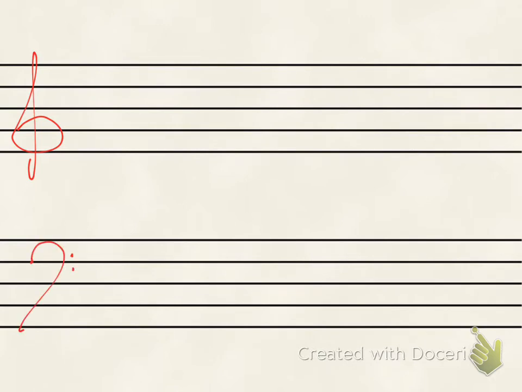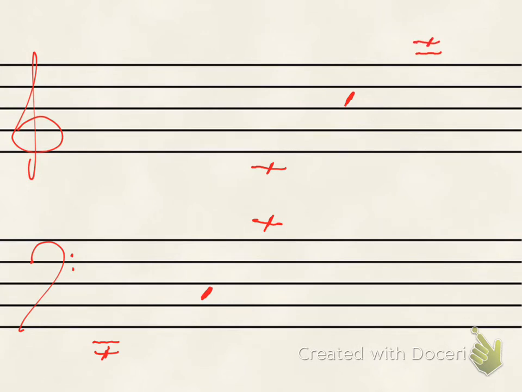Two ledger lines below the bass clef is C. The second space on the bass clef is C. One ledger line above the bass clef is C, which is also the same as one ledger line below the treble clef, okay? The third space on the treble clef is C, and then two ledger lines above the treble clef is also C.